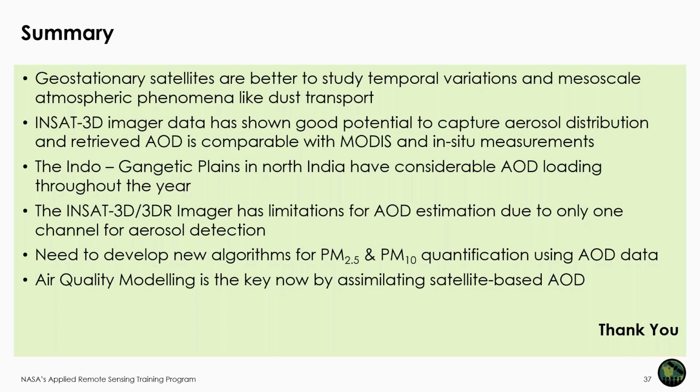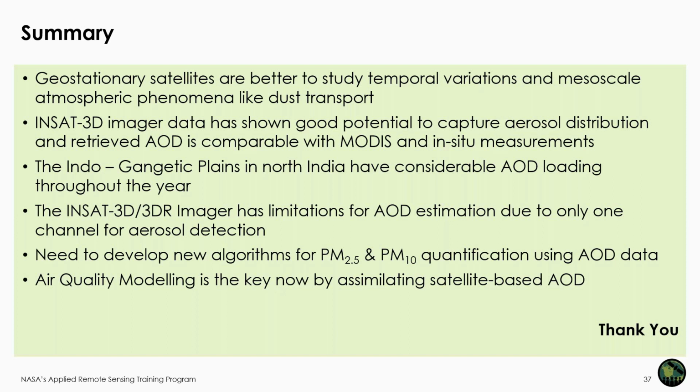Ideally, you should have more than one, at least 4 to 5 in the visible region, similar to Himawari and the Advanced Baseline Imager of the GOES-R and GOES-S satellites, so that your aerosol optical depth estimation improves in accuracy, and one can also do particle size estimation, as well as study the composition of the aerosols using multispectral observations.